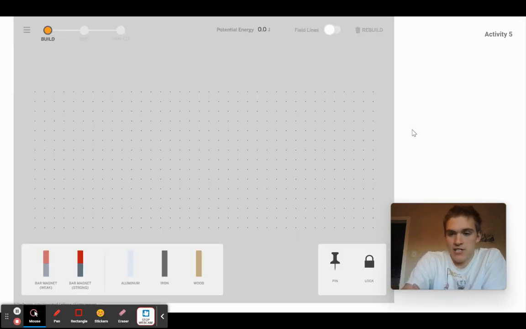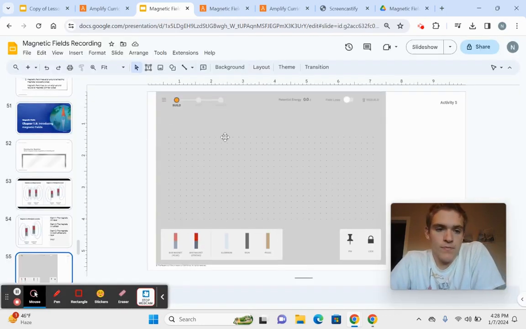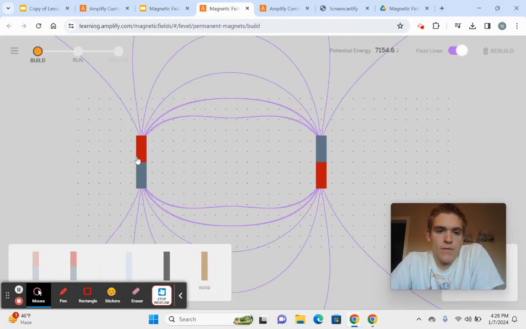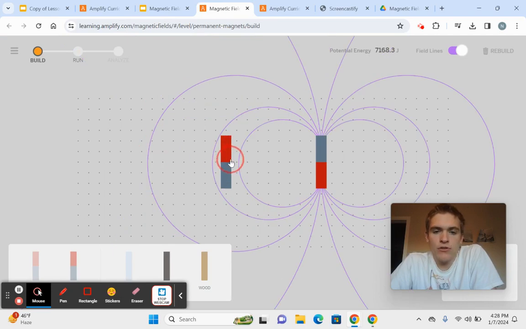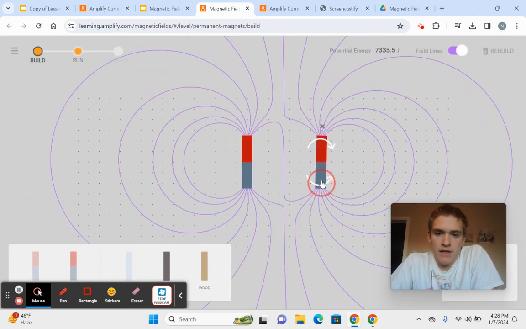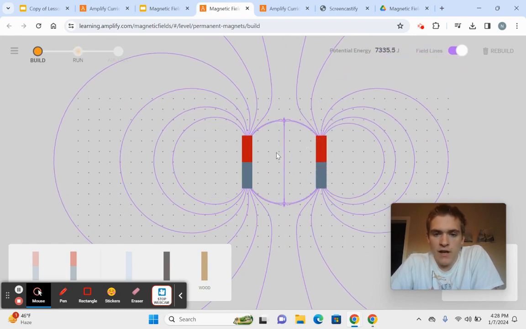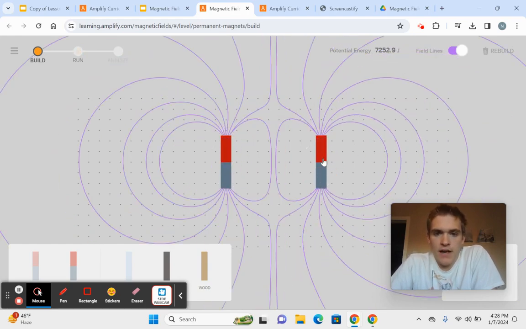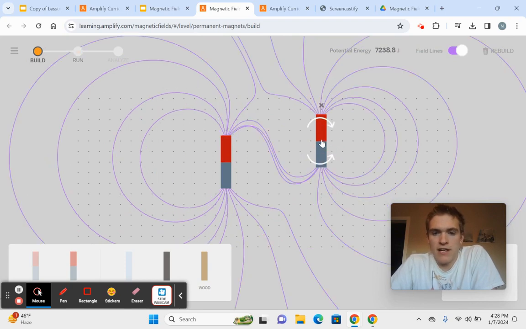Let's go to our simulation. So I'm going to put two magnets that are aligned, and I'm going to just barely misalign them.